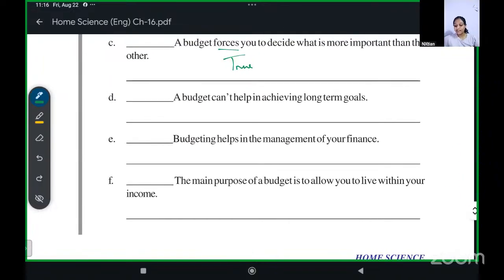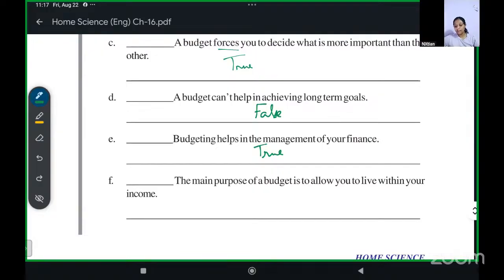A budget can't help in achieving long-term goals. False. What is the true statement? A budget can help in achieving long-term goals. Yes, budgeting helps in the management of your finance. True.